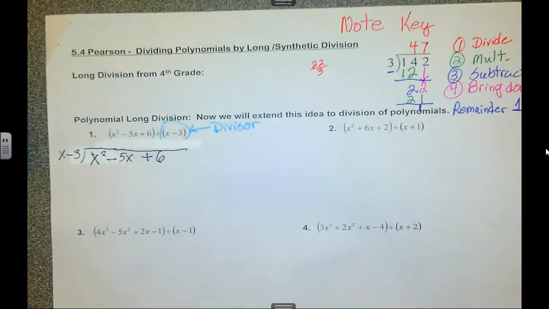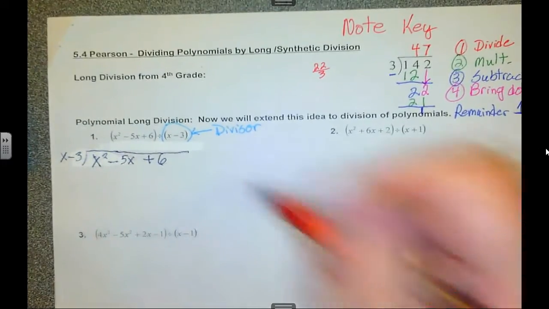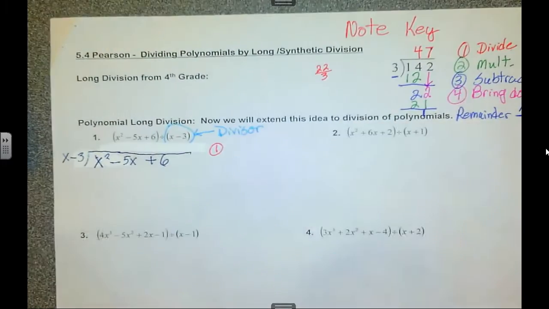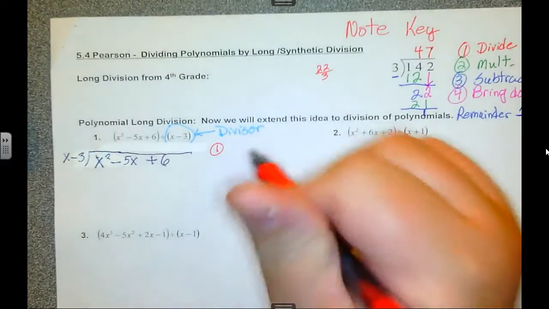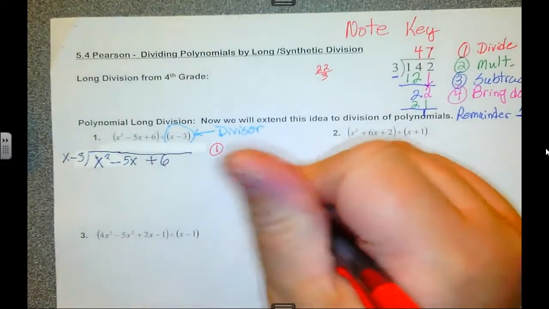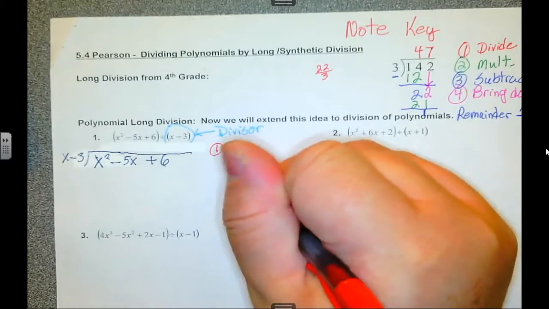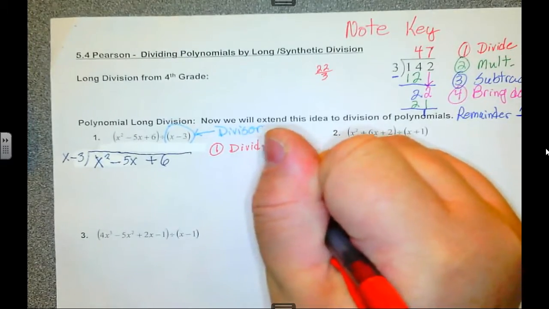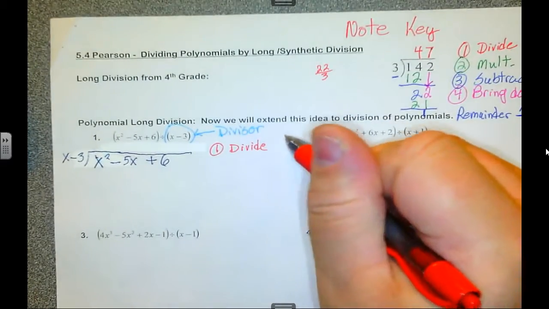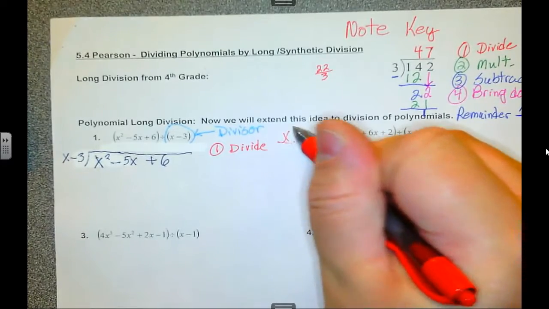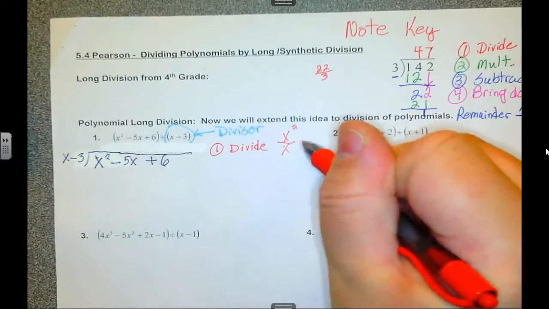Okay, step 1. Divide. So I'm going to take x squared divided by x. What do I get?